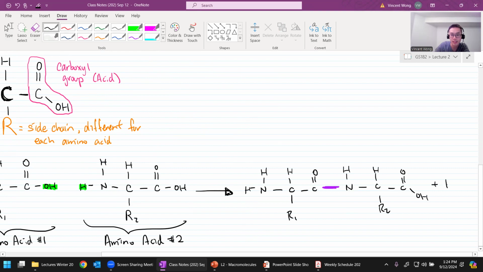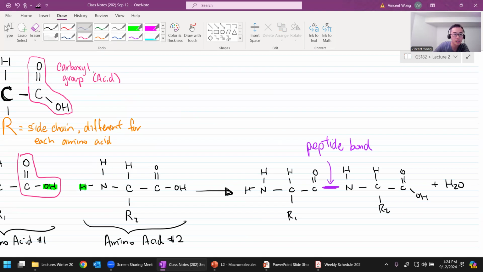Okay, and then plus H2O. The H2O is what came out from the connection. So this bond that connects the amino acids together, we call it a peptide bond. And how do you form the peptide bond? You connect a carboxyl group with the amino group.